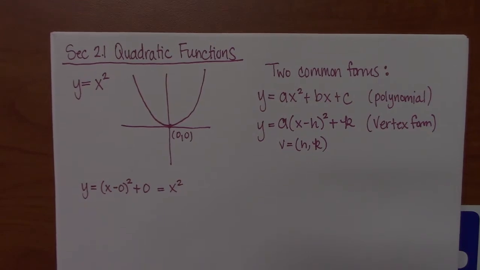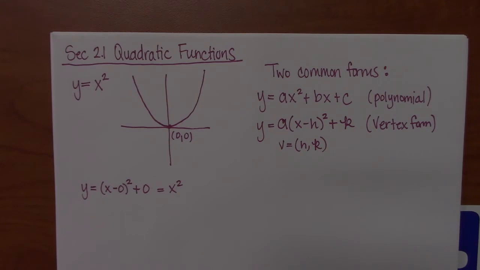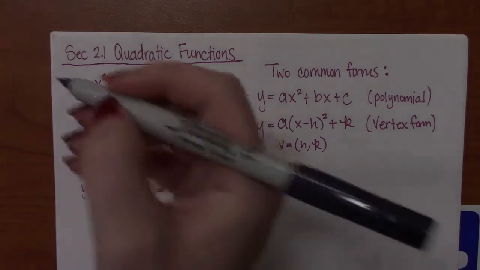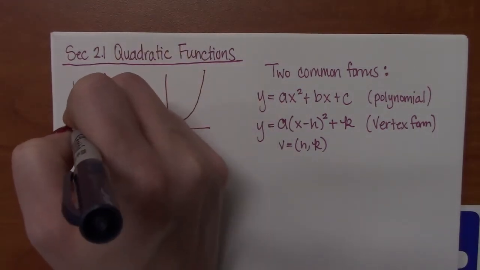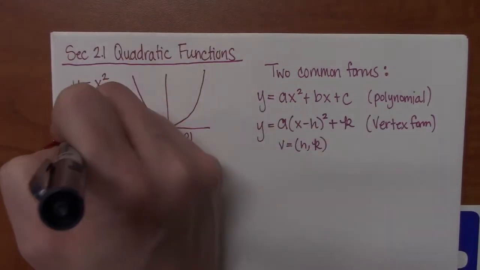All right, the other thing you want to pay attention to on this graph is the leading coefficient. The leading coefficient of the squared term, or the a value, is positive 1, okay? It is not the value of a that determines whether a parabola opens up or down. It is the sign of a that determines if it opens up or down. So here, a is positive 1.